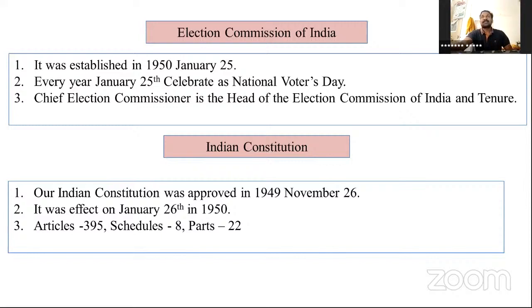The drafting committee completed it and submitted it to the Constituent Assembly. Then the Constituent Assembly approved it on November 26th, 1949, and it came into effect on January 26th, 1950. It is Republic Day onwards.